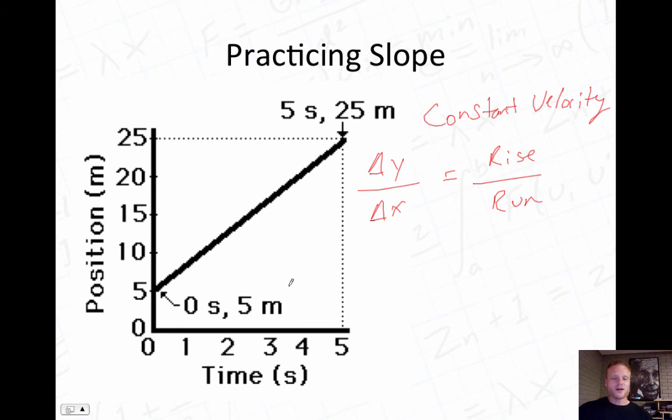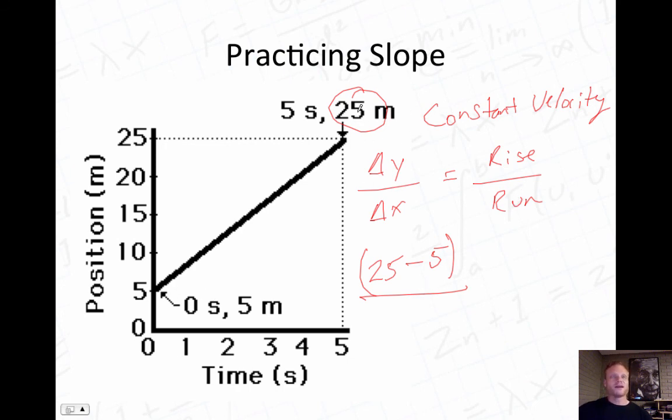Okay, so what is my change in the y positions? Okay, I start at 5 and I end at 25. So I put my last coordinate first, 25, which is right here, and my first coordinate last, if that makes sense, minus 5. So you subtract them, 25 minus 5. So that's my rise over my run. So I start at 0 and I end at 5.